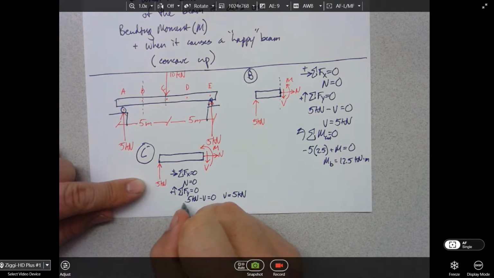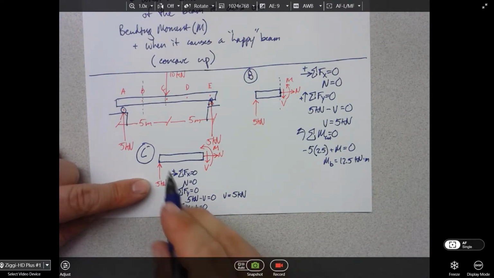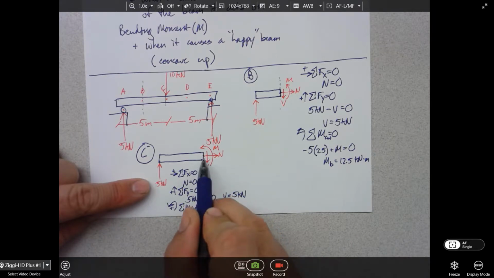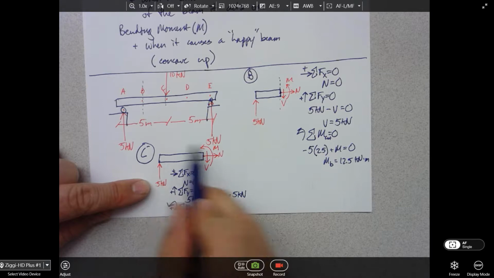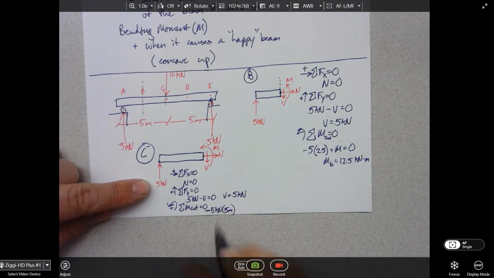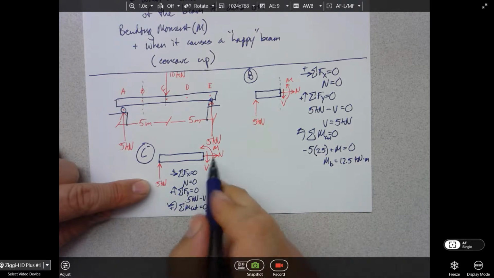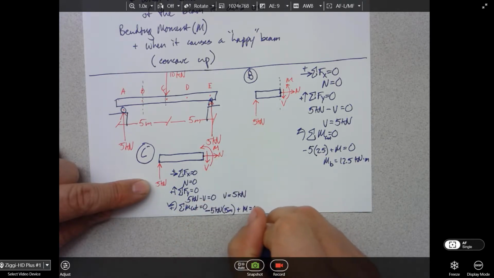The last one we need to do then is sum of the moments. Where do we sum the moments about? The cut face, always. So if I'm summing the moments about the cut face, the only force that causes a moment is V, so it's just 5 kilonewtons times its distance, which looks like 5 meters, and it's going to be in the negative direction, plus the moment right here, our unknown, has to equal 0.